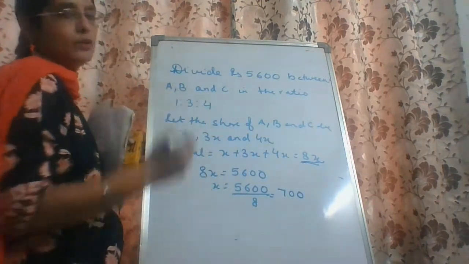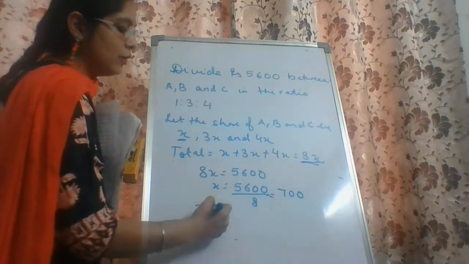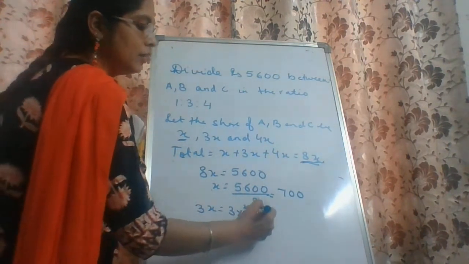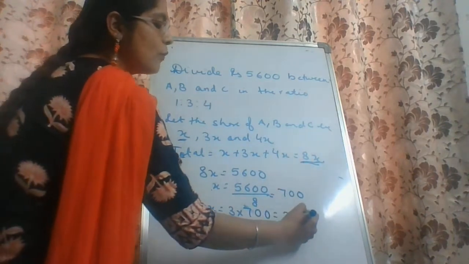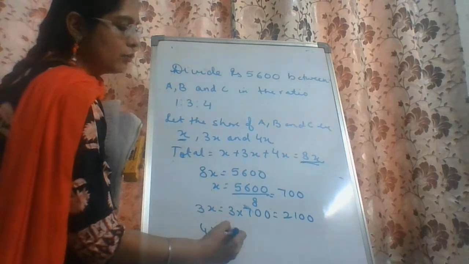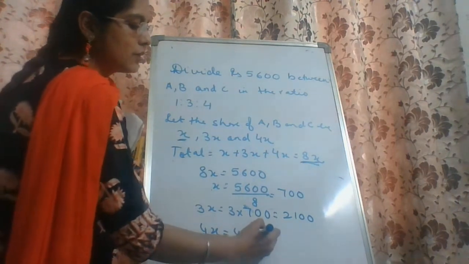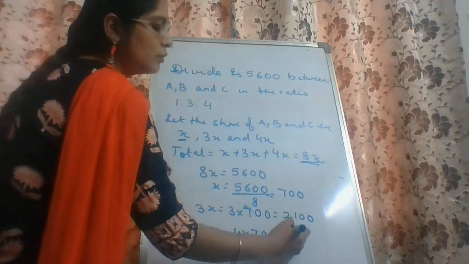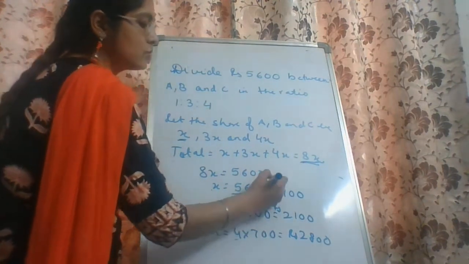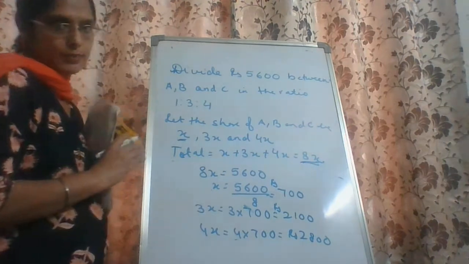Once you get the value of x, you can get the value of 3x as 3 multiplied to 700, which is equal to 2100, and then 4 multiplied to x, that is 4 multiplied to 700, which is equal to rupees 2800. Add rupees in front of each. So you can go by this method also.